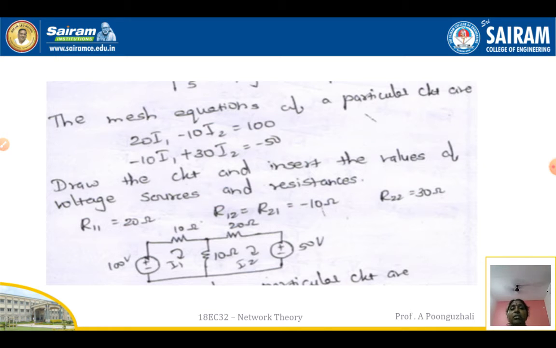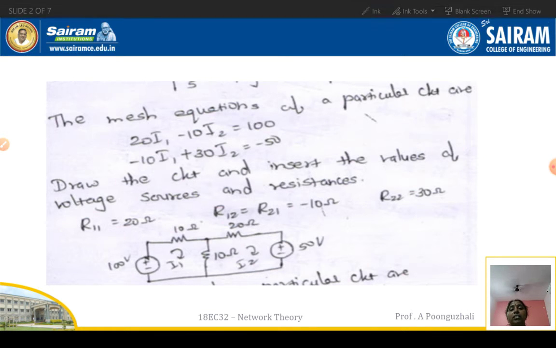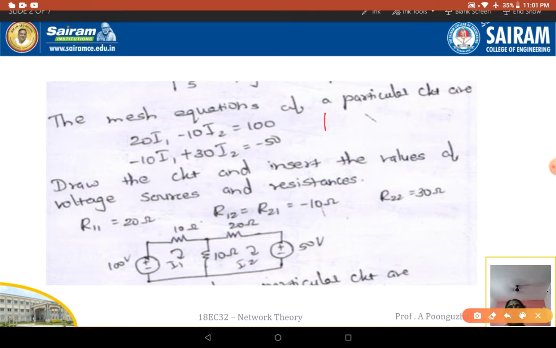So the first one, with respect to I1, the resistance is going to be R11. That means those resistances are present only in loop 1. The next resistance is between the first loop and the second loop.